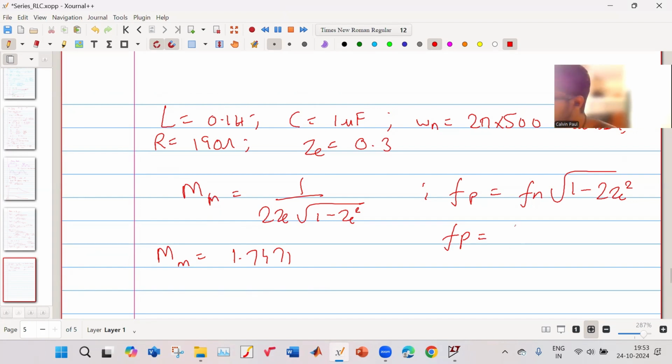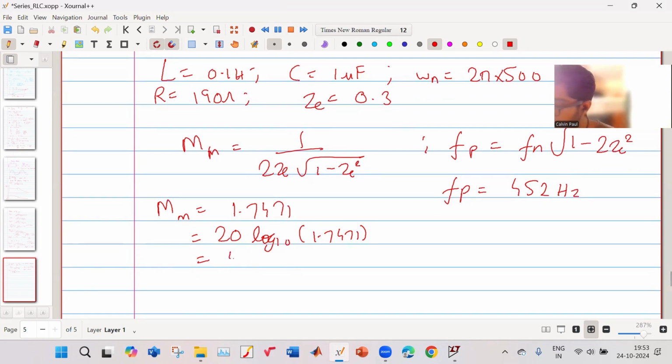So this is 452 hertz. Since the Bode plot is shown in dB, we do 20 log base 10 of 1.7471. So this is equal to 4.846 dB.